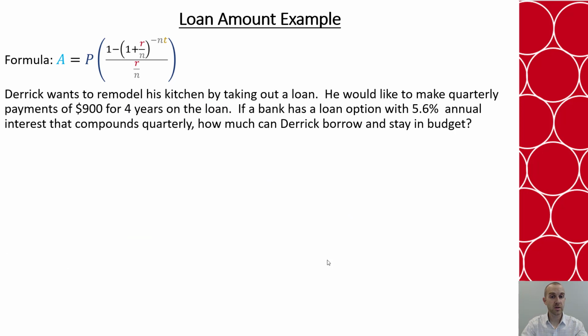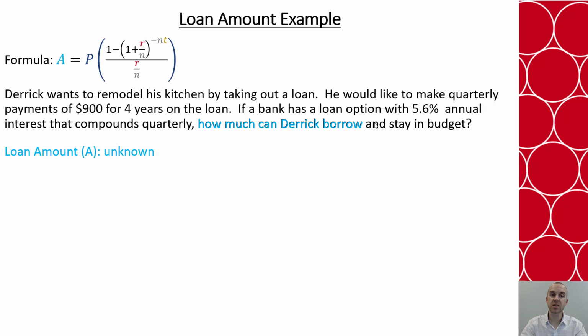Now, here's another example. Say instead Derek's trying to determine how much he can take out for a loan. He'd like quarterly payments to be made of $900 for 4 years on the loan. If a bank has a loan option with 5.6% annual interest that compounds quarterly, how much can Derek borrow and stay within his budget? So here we're asking how much can be borrowed.